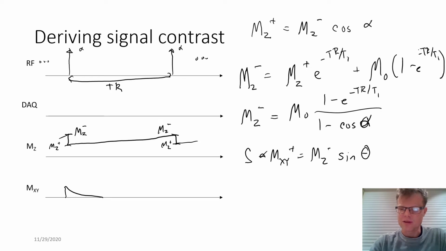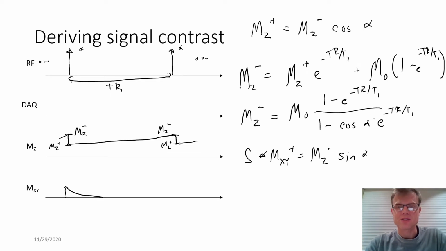I used theta in this equation a lot; I should have kept it consistent. You can go through the math and determine that MZ minus is a couple of exponential terms, but the twist is that we have a cosine of alpha term in the denominator, multiplied by our exponential recovery terms. You can combine these together and get the signal contrast in this partial flip case.